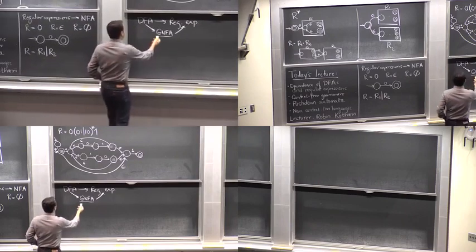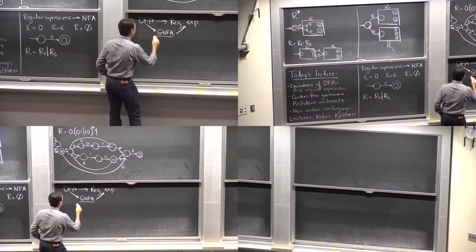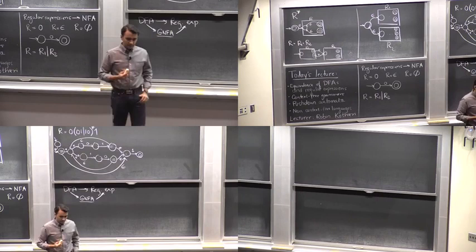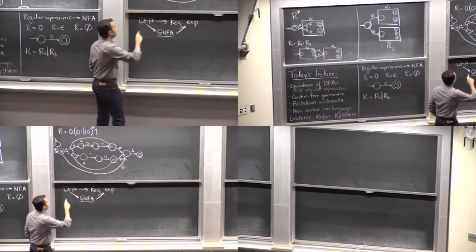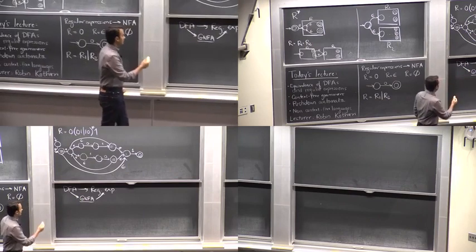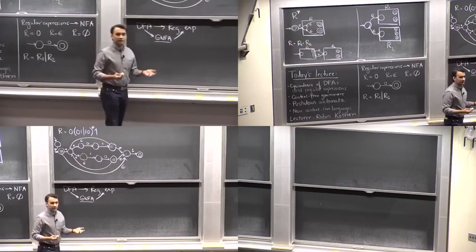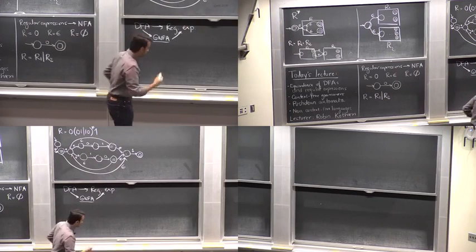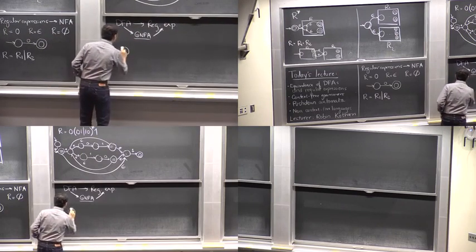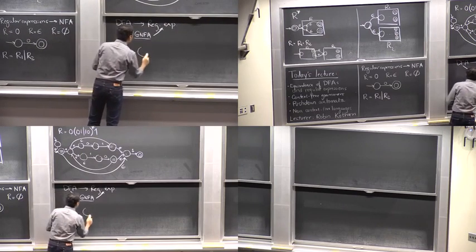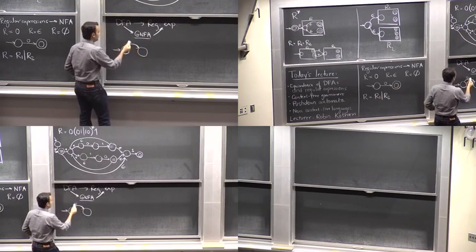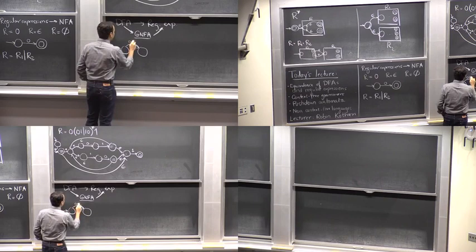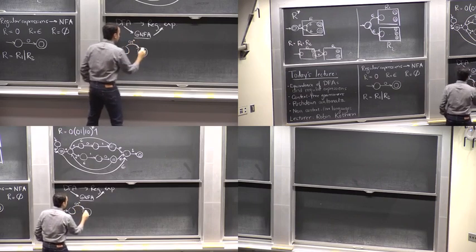So what is a GNFA? A GNFA is basically an NFA with regular expressions on the edges. So the transitions now are not just symbols from your alphabet, but you're allowed to have general regular expressions on the arrows. So something like this is your start state, this is another state. Usually in an NFA, you'd have something like 0 or 1 over here, but now you're allowed to have a regular expression like this.